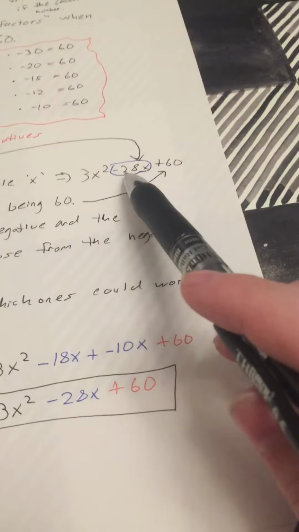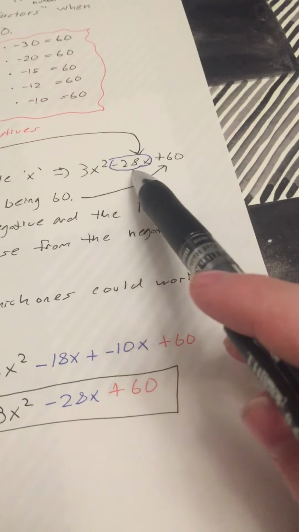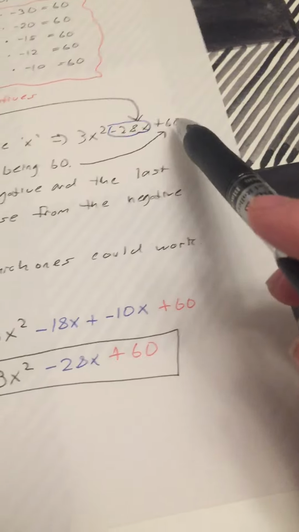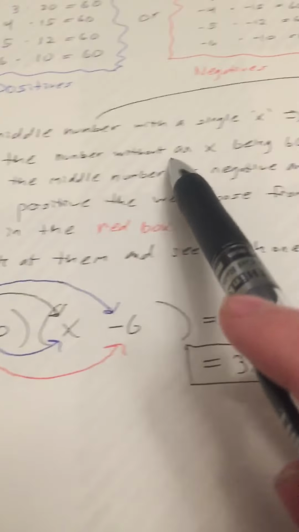So this is important. Since the middle number with a single x, this number, is negative, 3x squared, I wrote it in blue, minus 28x, plus the constant, 60. The number without an x being 60, our constant.